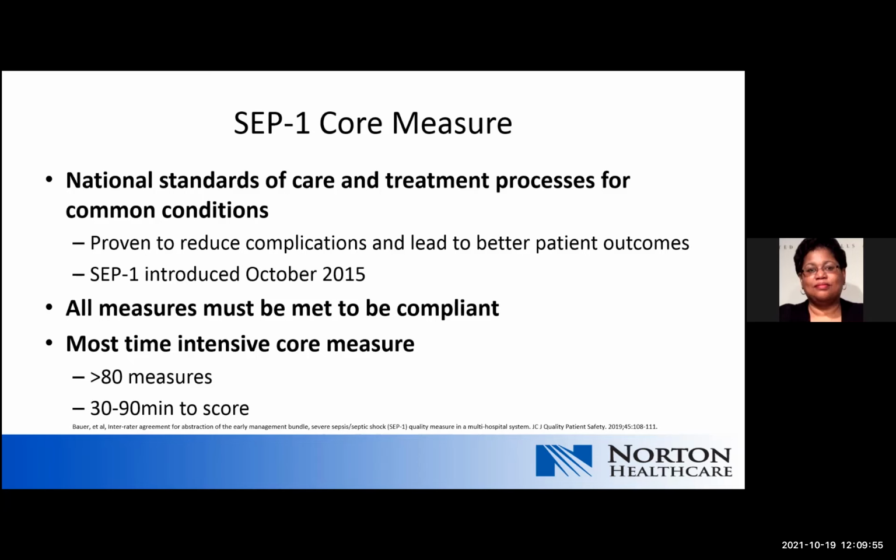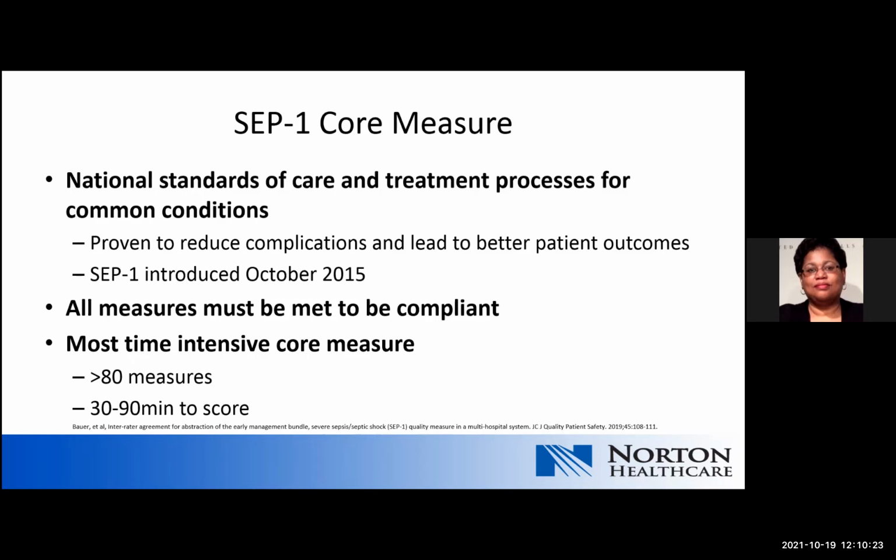With relation to this core measure, it's also been known to be the most time-intensive core measure related to data abstraction, which I thought was really interesting. I just learned that a few months ago at a symposium that I attended related to sepsis. So you can see this was documented in 2019. There are over 80 measures or metrics that need to be looked at related to one patient case, and then it can take anywhere from 30 to 90 minutes to score one patient case.